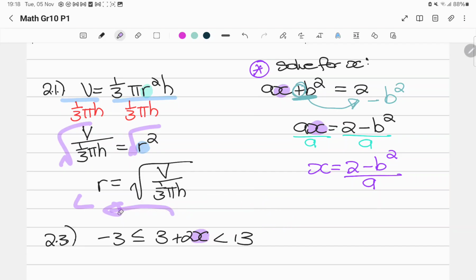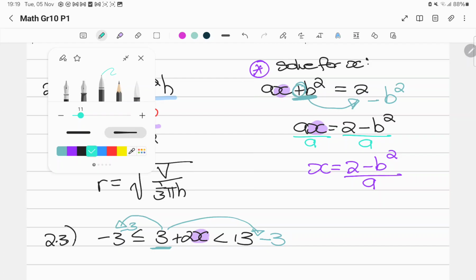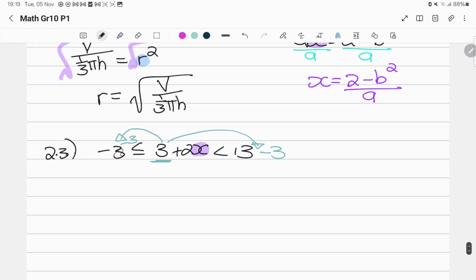Alright, so I'm going to start. If I need to get x alone, what's the first thing that has to go over? The first thing I need to take over is this 3. So this 3 is positive, so I'm going to take it over to the left and I'm going to minus a 3, and I'm going to take it over to the right hand side and I'm going to minus a 3. So I have minus 3 minus 3, which gives me minus 6.